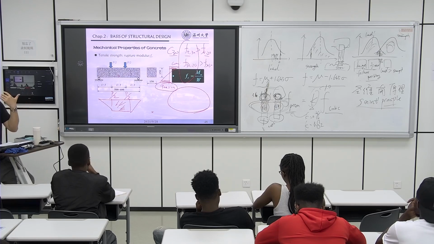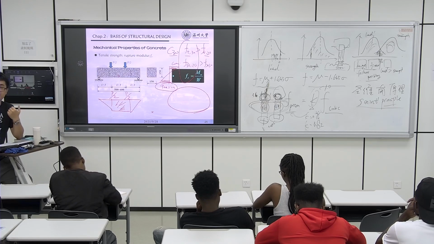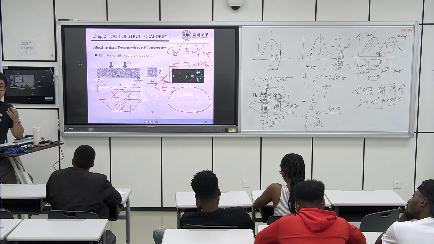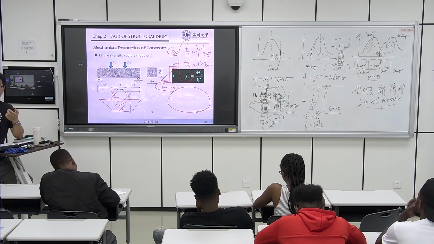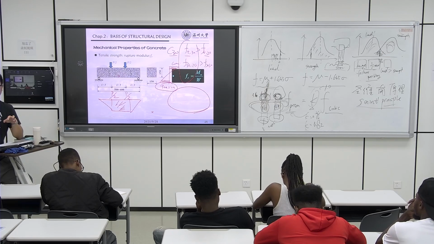And for the tensile stress, we can use 3 tests, 3 totally different measuring ways to compare. One is the axial tension test, and from this test we get the axial tension strength. Another is the split cubic test.